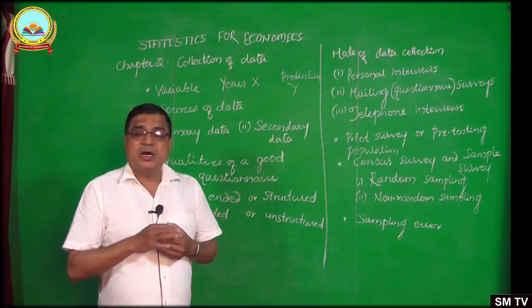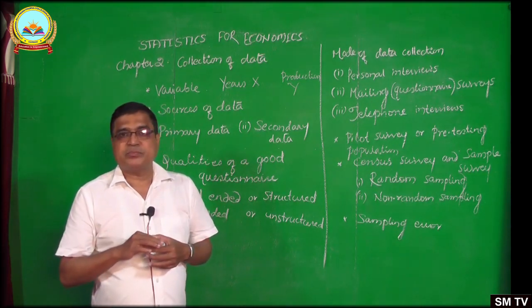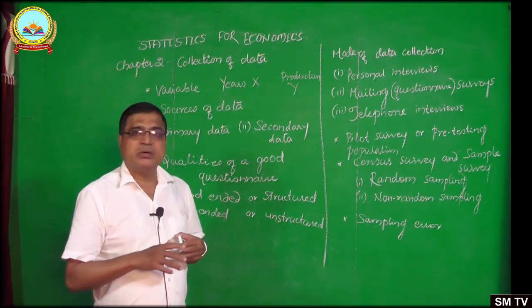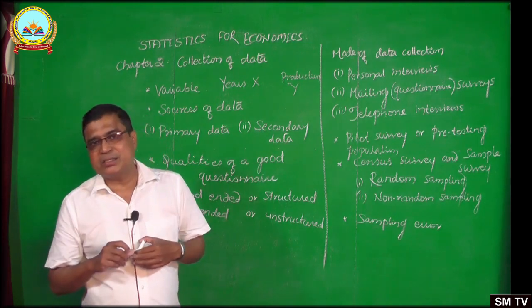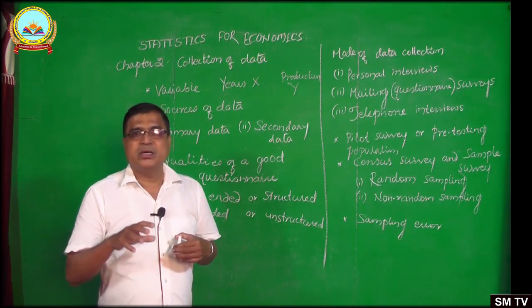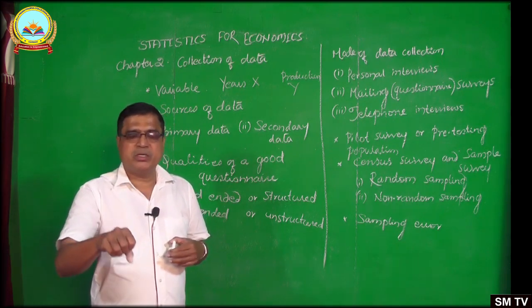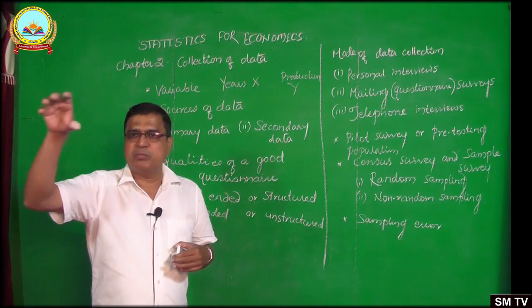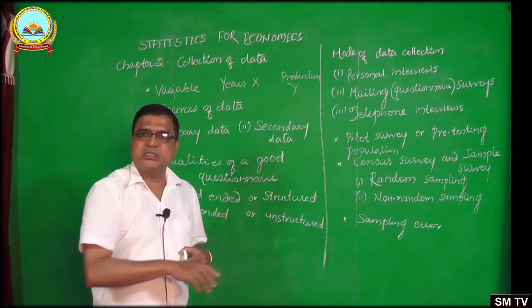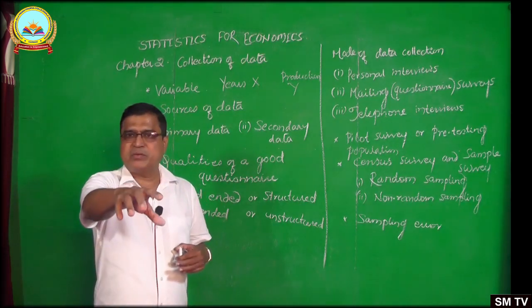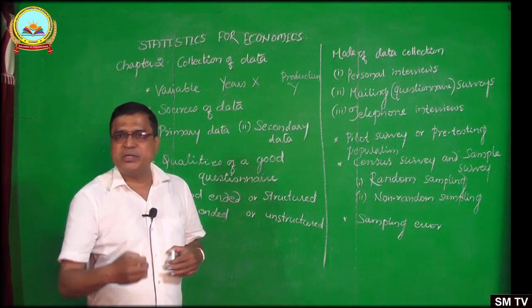Now, after taking the samples, we have two types of errors. That is, we have made a mistake there. The actual survey, the census survey or the population survey, is the original survey. It has to be conducted for the real true value.